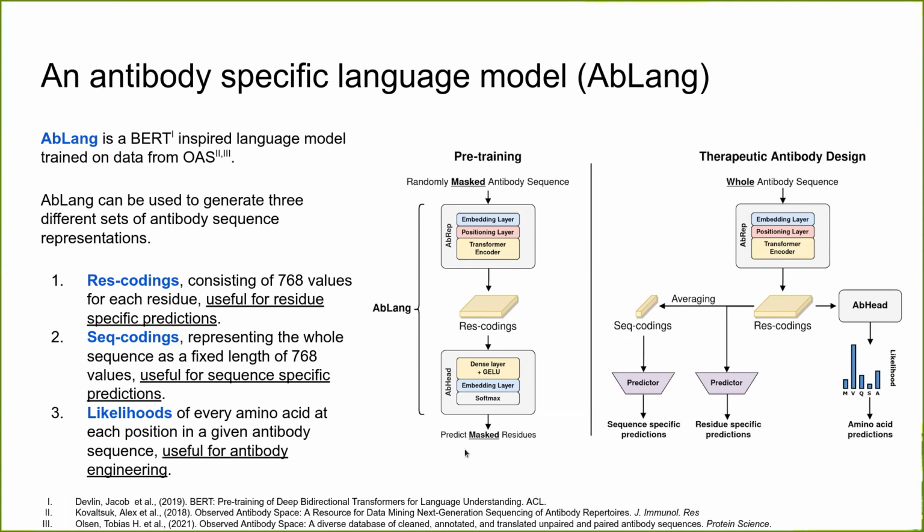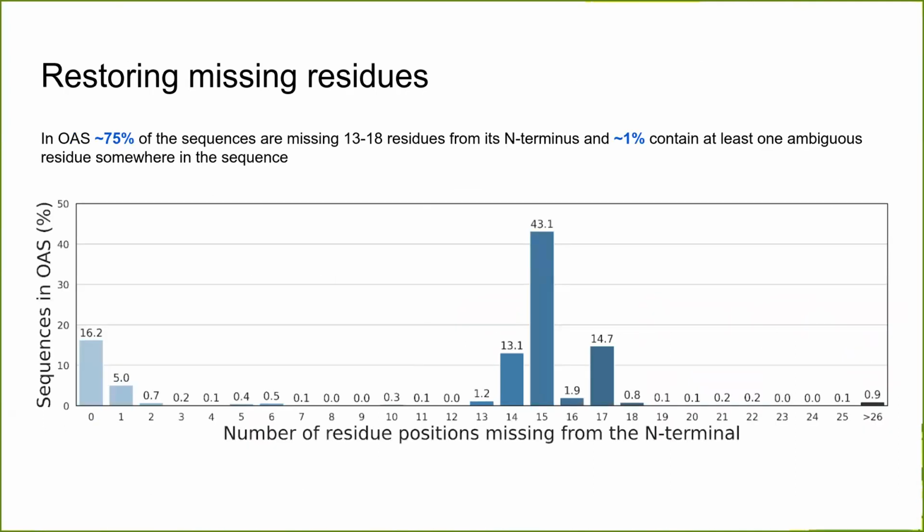So what I'll show you now is an example of a problem you can use AbLang to solve. This is a simple yet quite important problem of restoring missing residues. If you look at every sequence in OAS, you can see that the majority of them are actually missing a big chunk of the N-terminus, and around 1% have at least one ambiguous residue somewhere in the sequence.